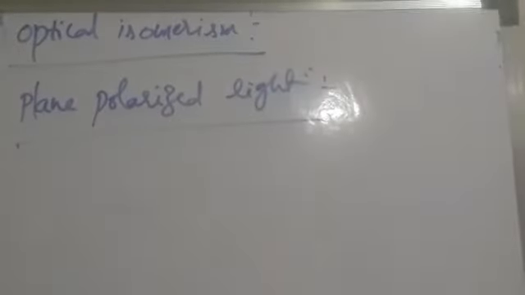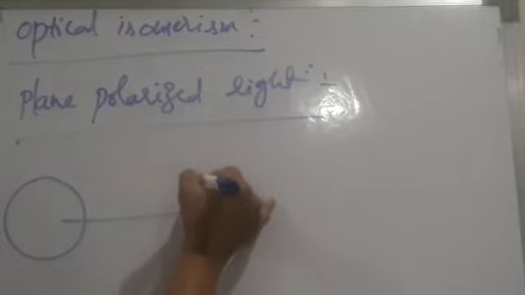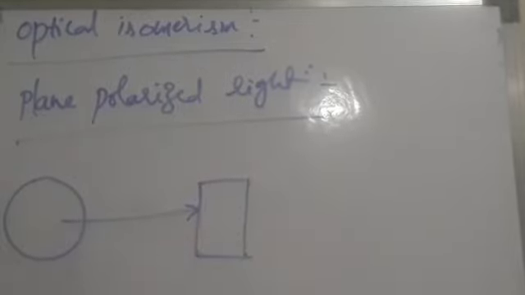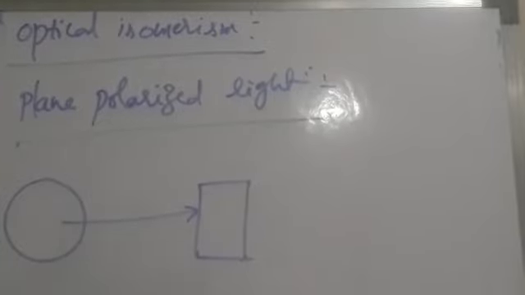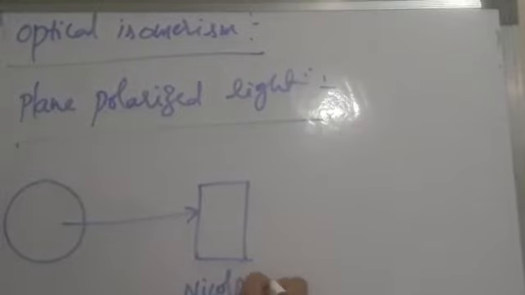So you know that ordinary light is in the form of electromagnetic waves, which have different wavelengths and vibrate in different directions. Okay, when ordinary light passes through nicol prism, which is made up of calcite. Calcite means that is one of the crystalline forms of calcium carbonate. Okay, so this is called nicol prism, and this is ordinary light.